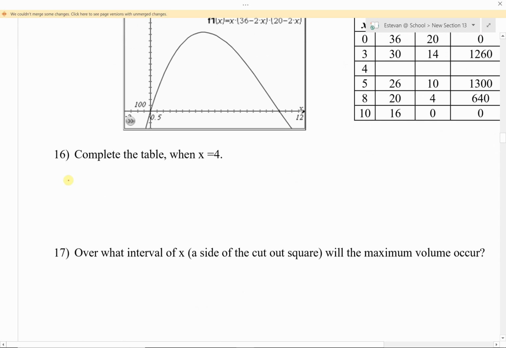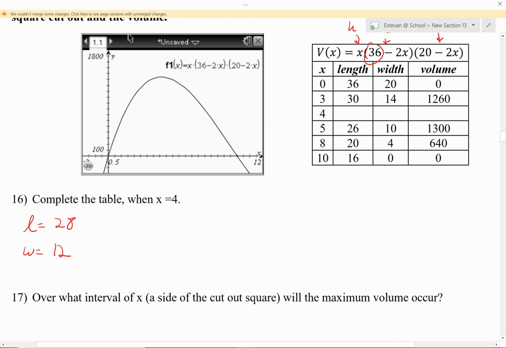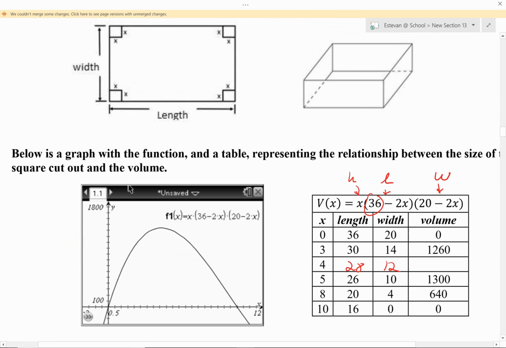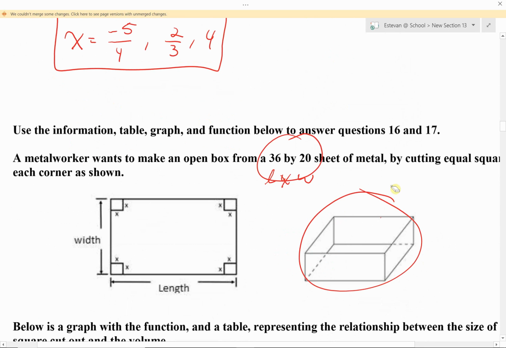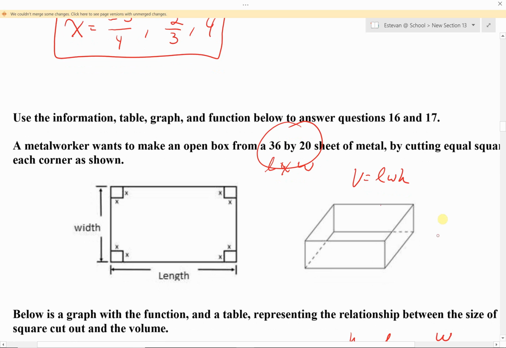Alright, so I left off with length is equal to 28. Width is equal to, just plug it back in and you'll get 12. So length 28, width 12. Volume, since it represents a box, the volume of a box is length times width times height.